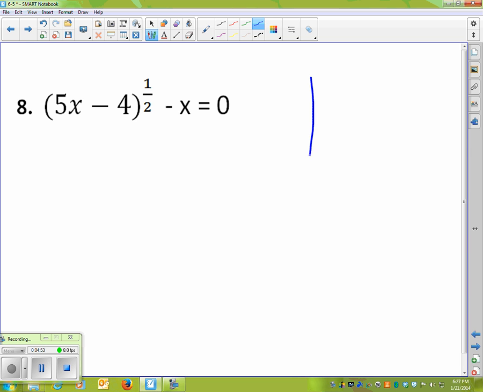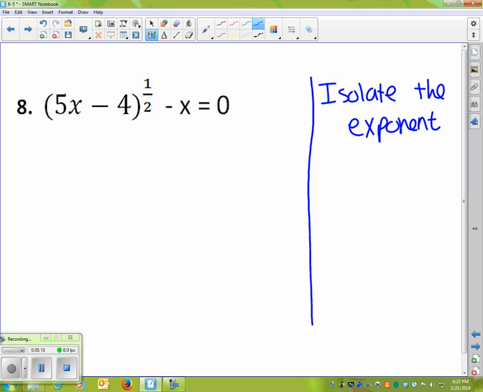Similar to number 7, I want to isolate the radical or isolate the exponent. So I'm going to add the x to the other side, giving me 5x minus 4 to the 1/2 power is equal to x.